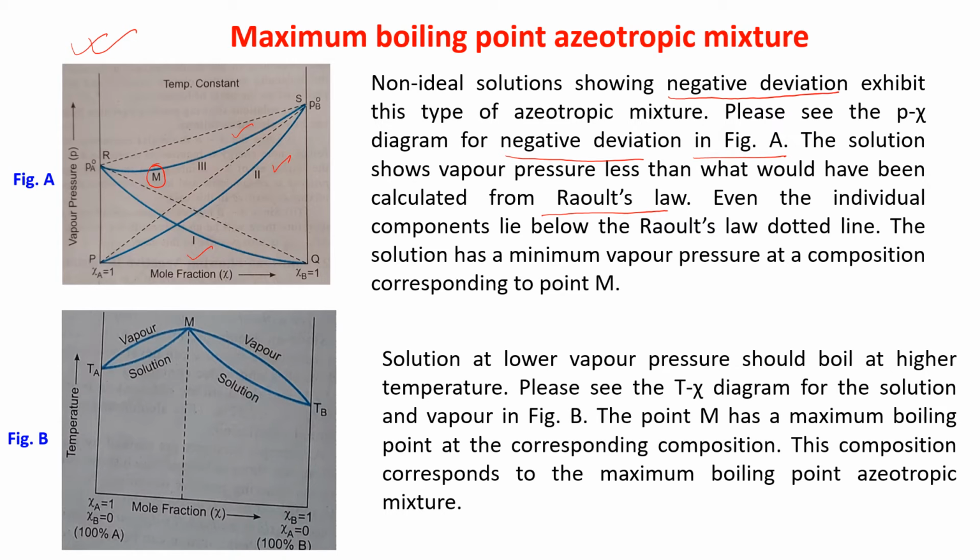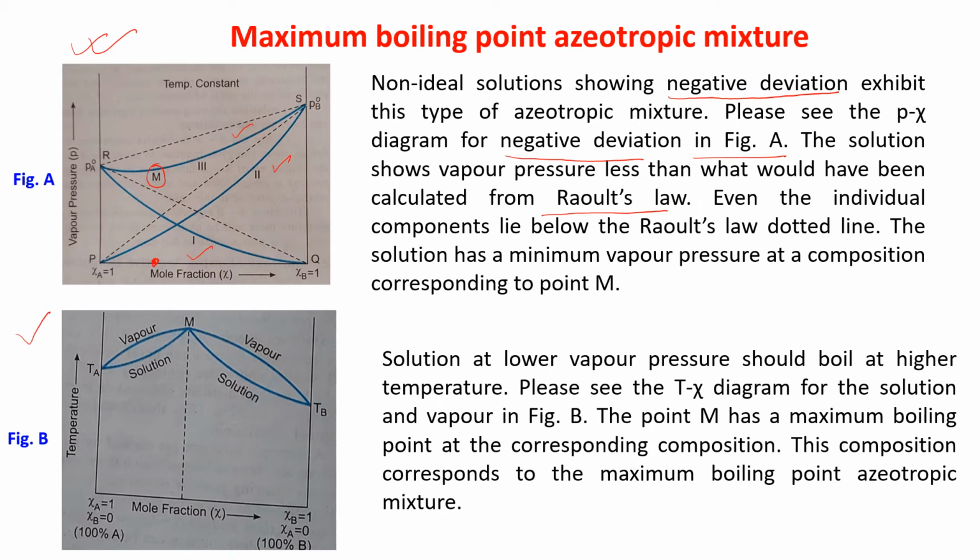At this point, the solution has a minimum vapor pressure for this particular composition. If it has a minimum vapor pressure, that means its boiling point is maximum. The boiling point of that solution is maximum at that particular composition of A and B.